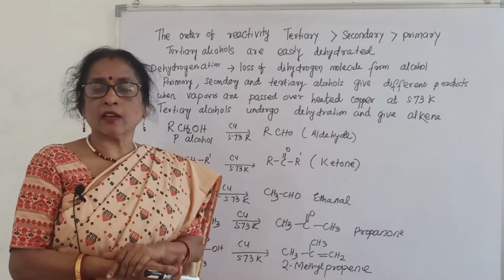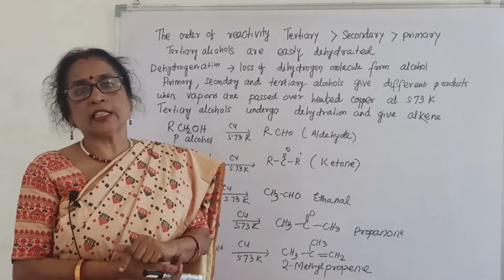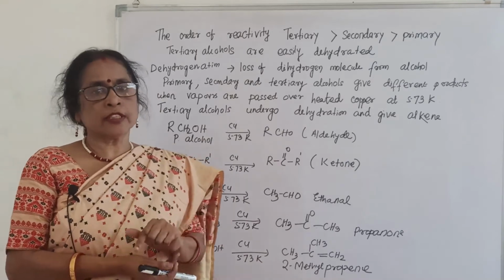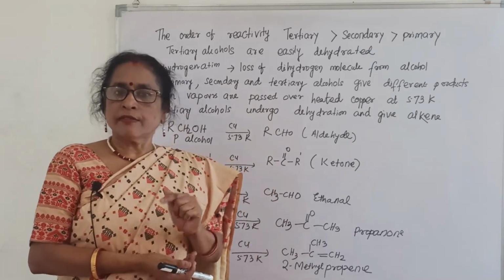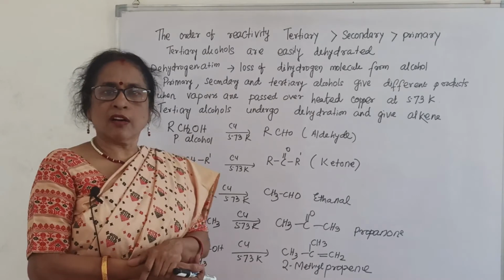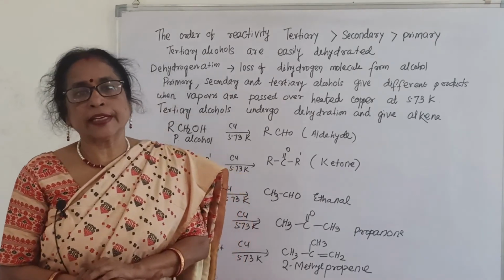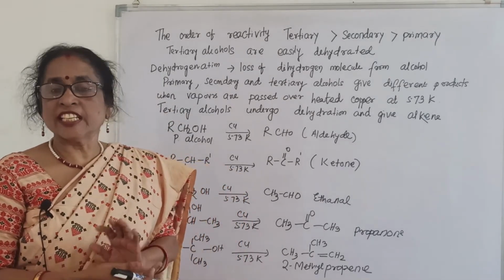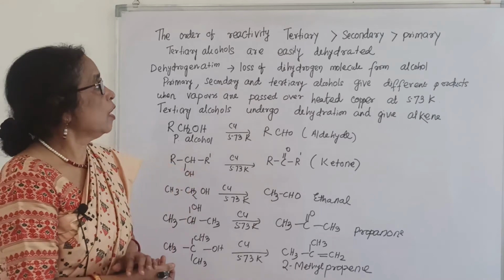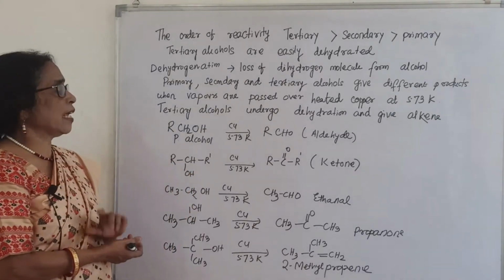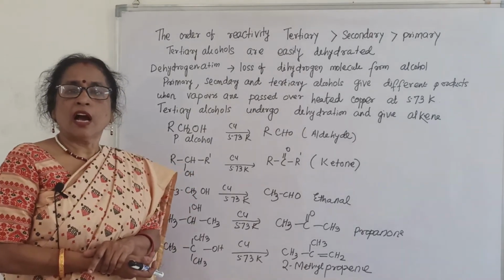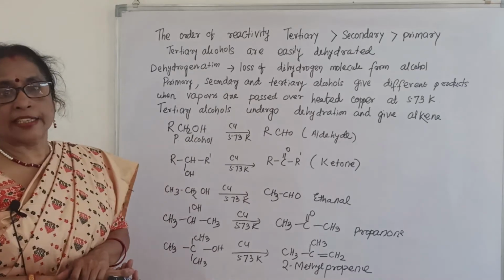Ethyl alcohol undergoes dehydration in the presence of concentrated sulfuric acid, whereas tertiary alcohols react with phosphoric acid and undergo dehydration easily. So that is why you can say tertiary alcohols are easily dehydrated.